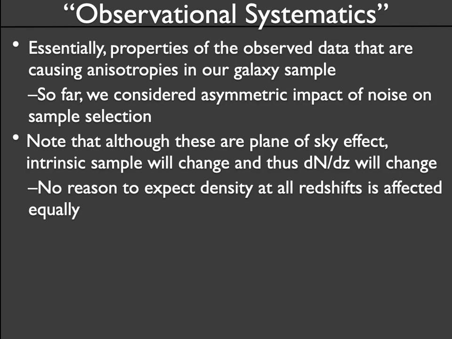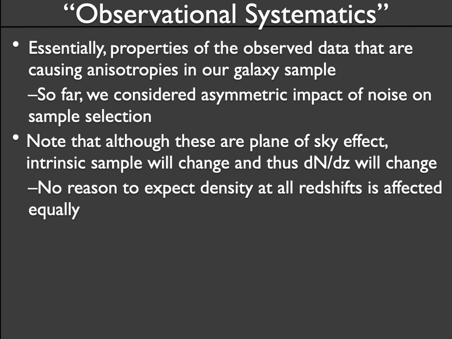And so often we call all of this stuff just observational systematics. And these observational systematics are basically the properties of the observed data, how we observe the data, that cause these sorts of fluctuations that are going to give us these anisotropies.